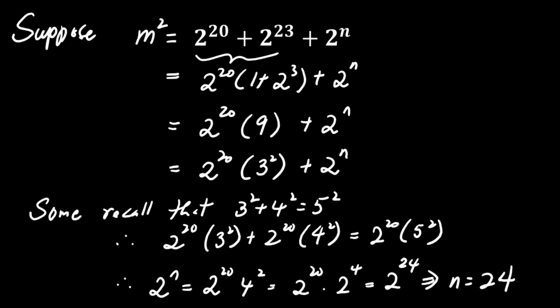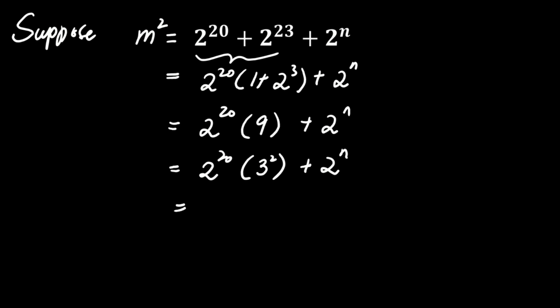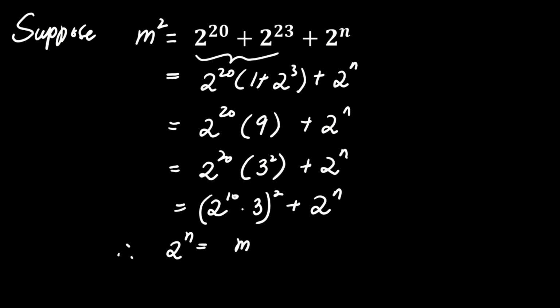We wonder if n equals 24 is the unique solution. To answer this, let's try the following. Write 2 to the power of 20 times 3 squared as 2 to the power of 10 times 3, the whole thing squared. Then 2 to the power of n is a difference of two squares.